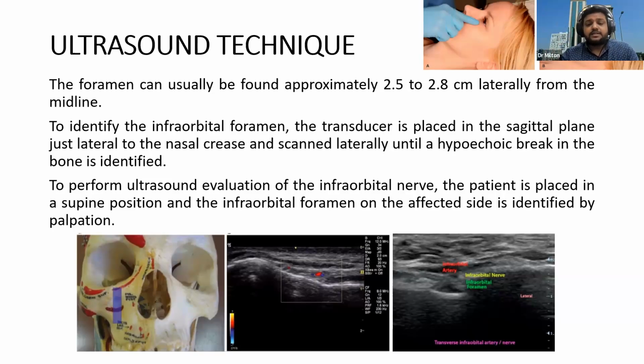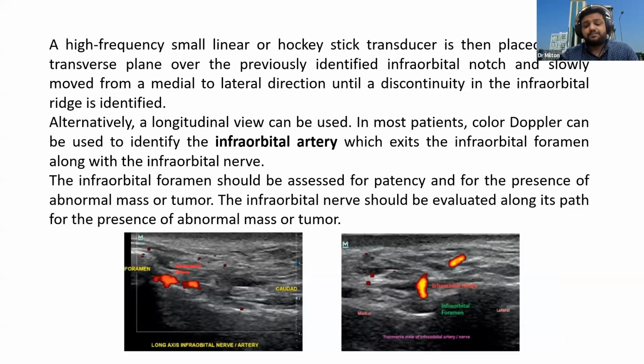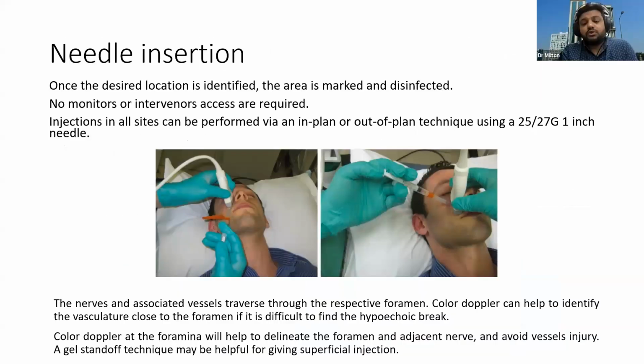And here is a very important part: it is actually the main blood vessel of this area. So during the intervention, you should not hit or pierce the blood vessels.